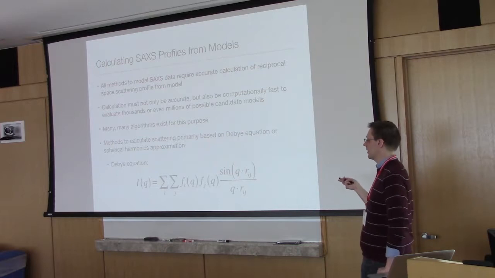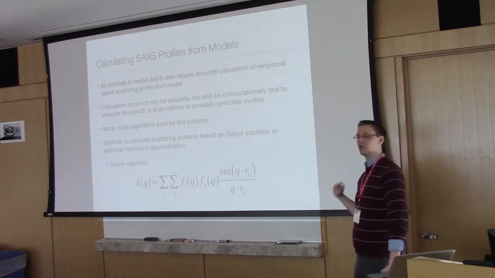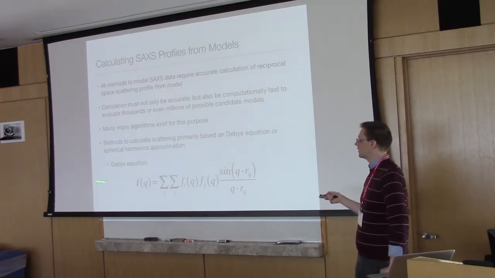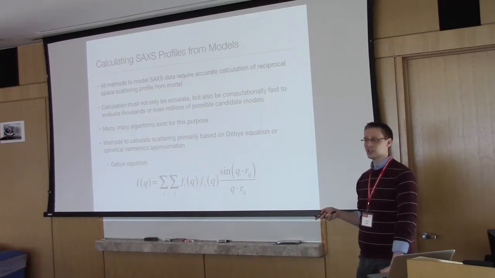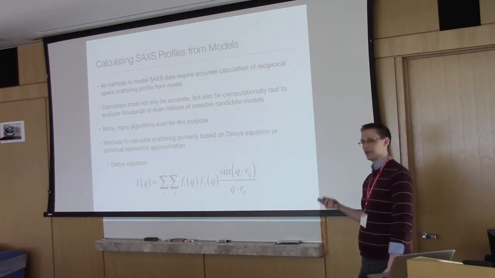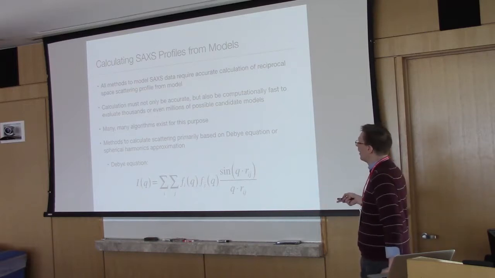The basic fundamental equation for calculating a scattering profile is the Debye equation. This effectively is a double sum, so it scales as n squared in terms of the number of atoms or scatterers that you're using. The key piece is the distance between those scatterers.